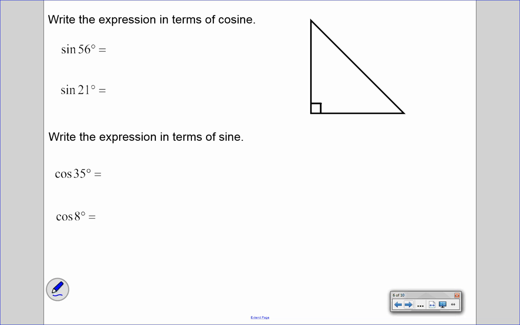Now, we'll notice that sine and cosine are related to each other in a certain way. Here's how. If we have this triangle, and this is 56 degrees, it asks us to write the expression sine of 56 degrees in terms of cosine. So we know Sohcahtoa.